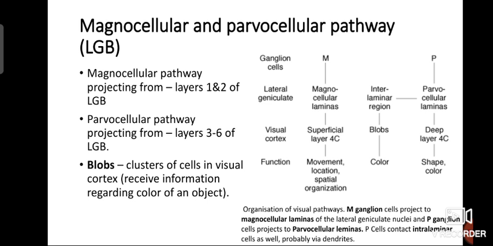The P ganglion cells project to the parvocellular lamina of the lateral geniculate body, and then to the deep layer of the visual cortex, and the function is shape and color. From the parvocellular laminae, the interlaminar cells arise by dendrites and project into the blobs of the visual cortex, and the function is color. Blobs are clusters of cells in the visual cortex receiving information regarding the color of an object.